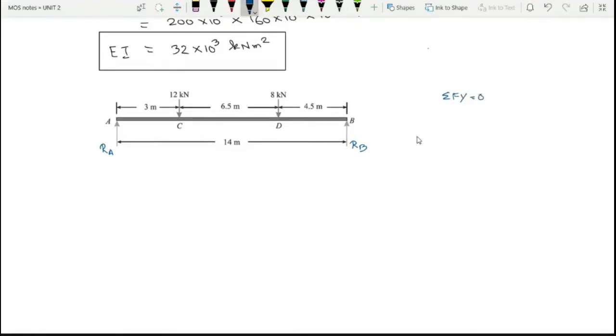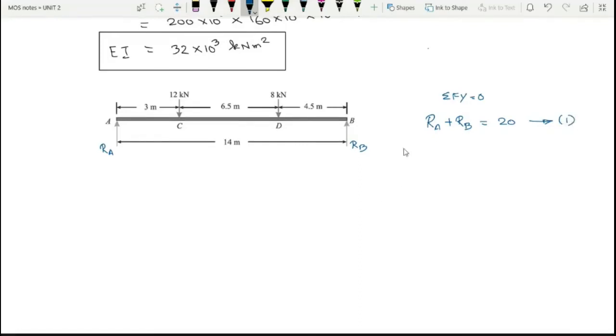So horizontal force, vertical force is zero, which means upward force is equal to downward force. So we have two upward forces, which are RA and RB. So this RA plus RB will be equal to your downward force. Downward force is 12 plus 8. So totally 20. So I'll call this equation 1.